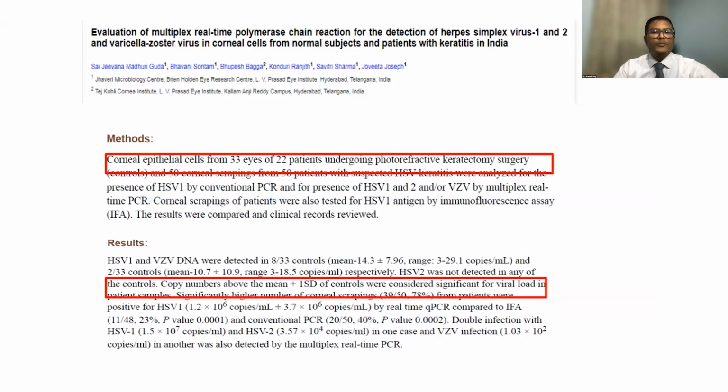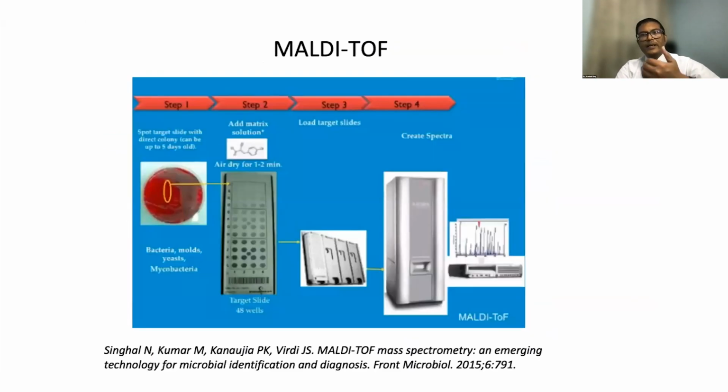We should look at a particular load of copy numbers. When we see very high copy numbers, that means there is an active replication of the virus, and this shows that a real-time PCR, which can tell us whether the copy numbers are low or high, tells us whether there is an active replication of viral DNA, suggestive of an active infection.